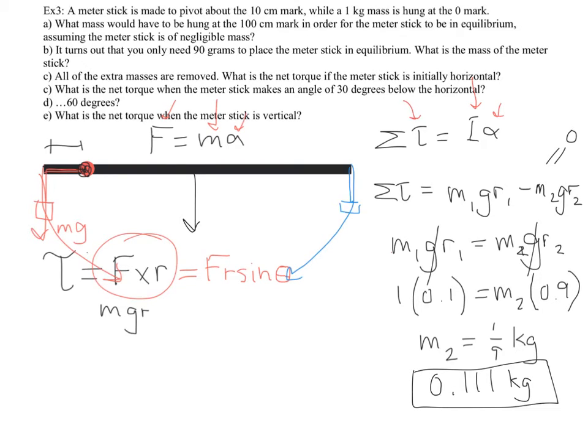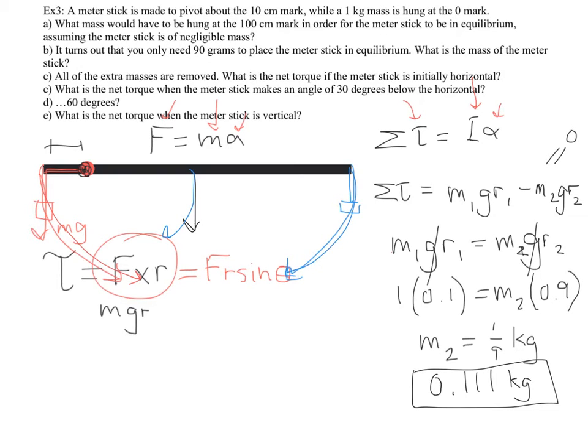If that is the case, then really we have 3 torques altogether. We have one counterclockwise torque from the 1 kilogram weight hung on the end. We have a clockwise torque due to the weight of the meter stick itself, and then another clockwise torque due to the weight that's hung on the end.